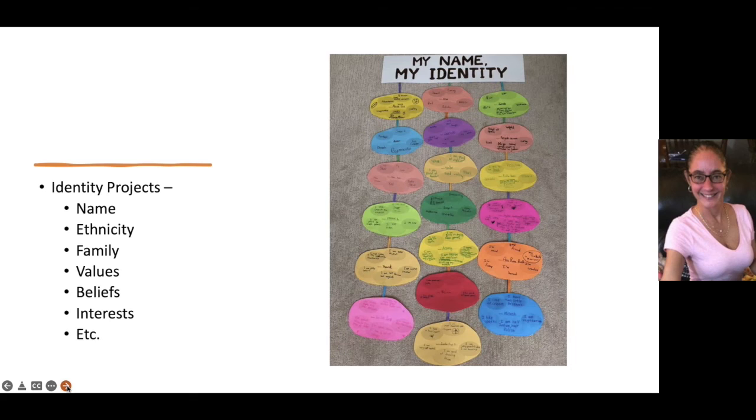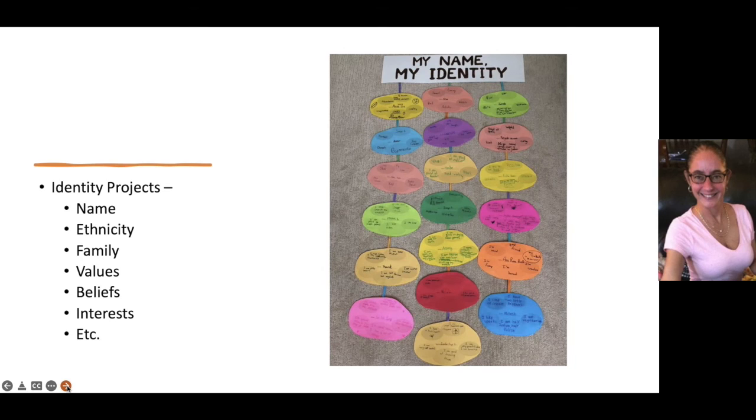So you can't really see well what's hanging here, but it's an identity project. So what's in a name, and things that might come out of a name? The name might represent something, it has a meaning, right? Then it might represent something with respect to the culture or ethnicity. It might relate to something in the family, in the sense that maybe my grandma was named this and now I'm named this.